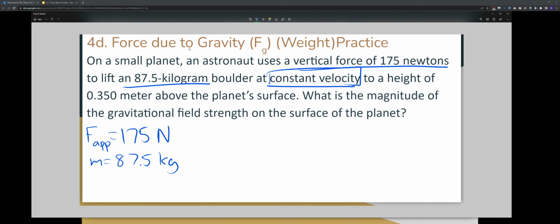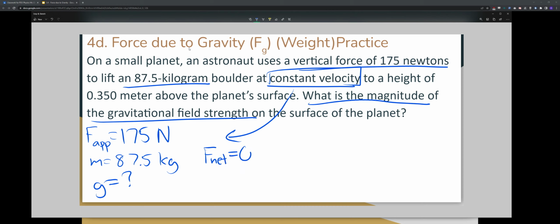And the question goes on to say, what is the magnitude of your gravitational field strength? The really important thing here is that if you're traveling at constant velocity, that means your forces are balanced and your F net is 0. We talked about this in 1.2.